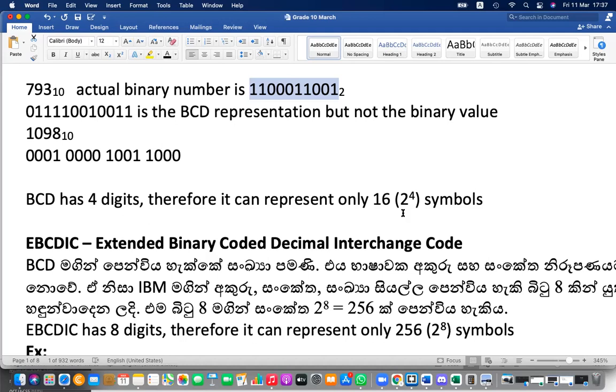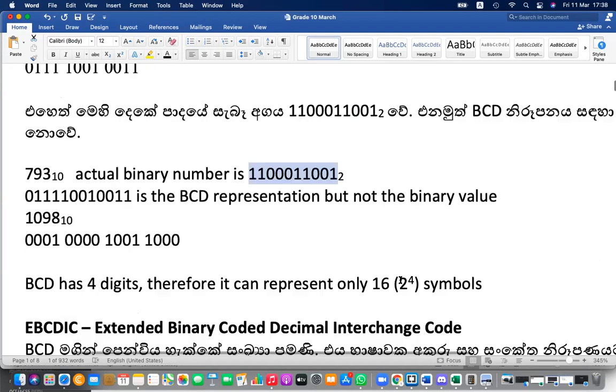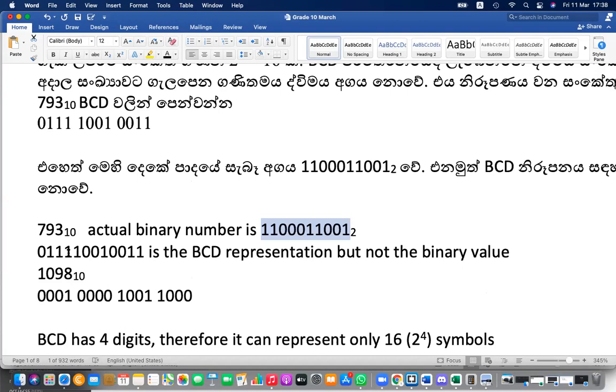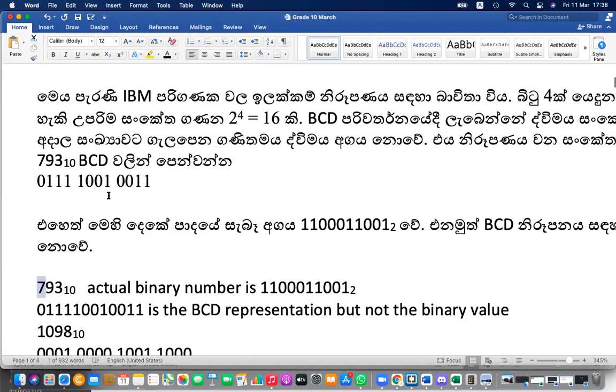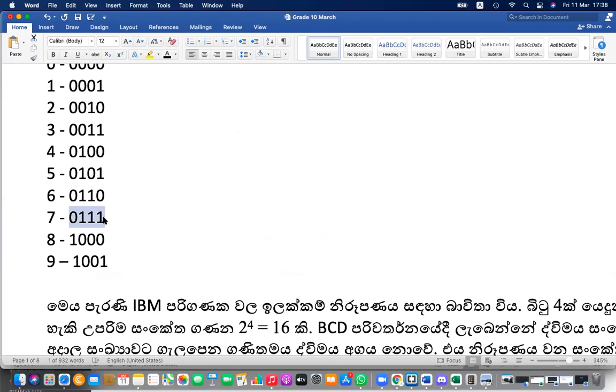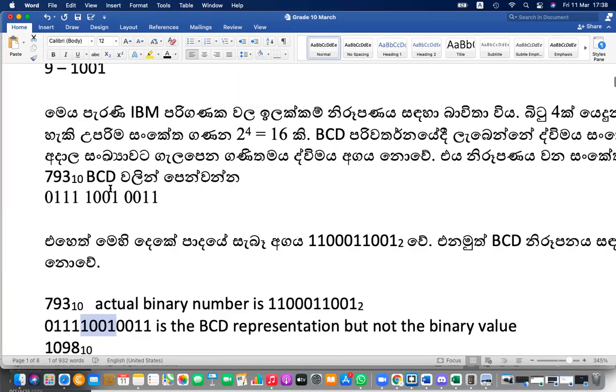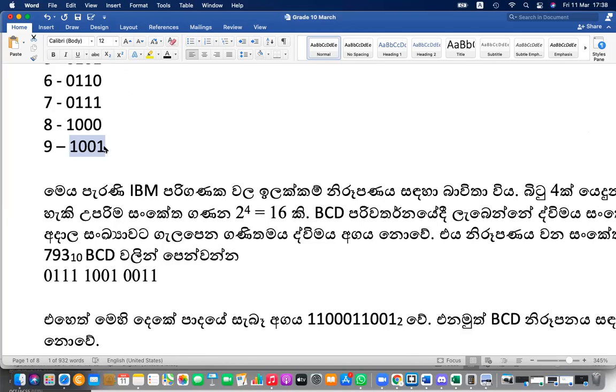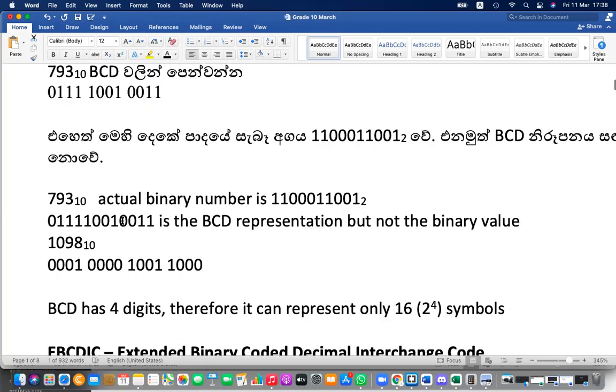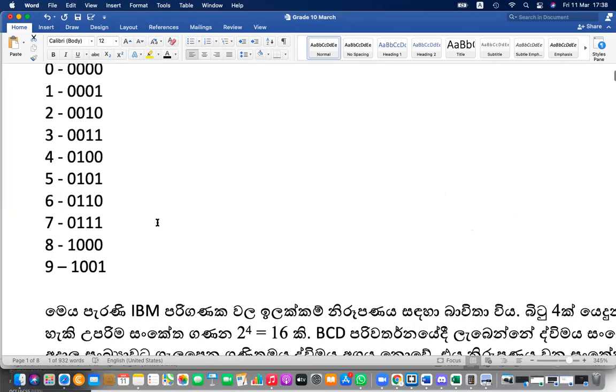It's okay to do calculation for mathematics, but to represent letters, the computer doesn't like to do that mathematics. So it uses a chart. Simply, 7 can be represented using the symbol 0, 1, 1, 1. 9 is next: 9 is 1, 0, 0, 1. Then you have 3: 3 is 0, 0, 1, 1.